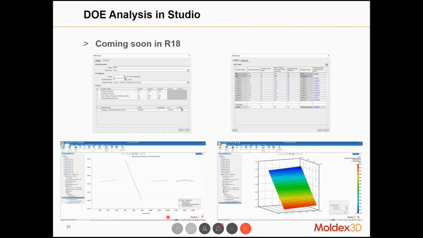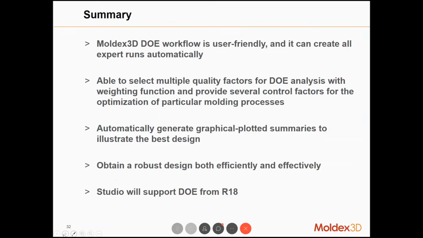And also you can see directly the SN ratio and also the report, which has diagrams with higher resolution in Studio. Okay, so this is all of our presentation today.